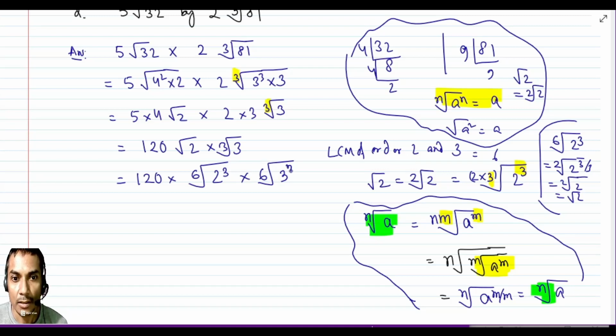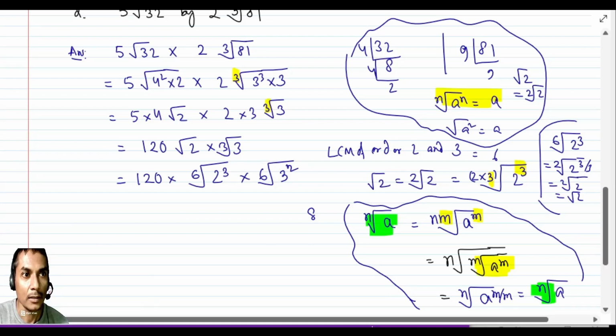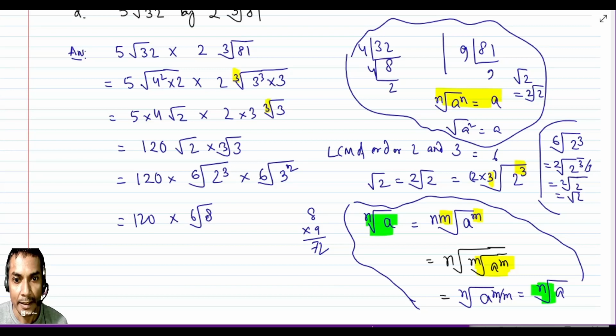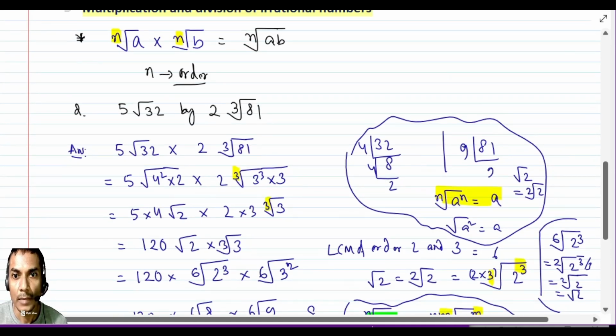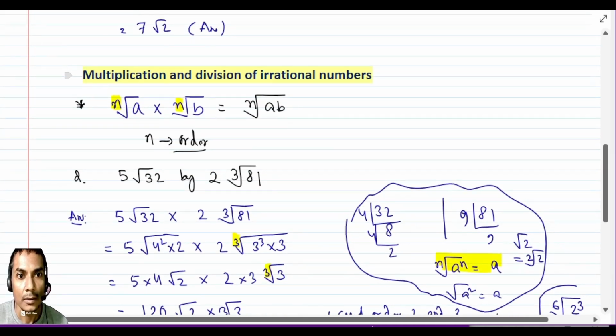So you put 3 square, 8 into 9, so you get what? 72. So 8 into 9 is 72. So what value do you get? 126, 8, and here you get 6, 9. So now you can apply this formula, apply this rule.